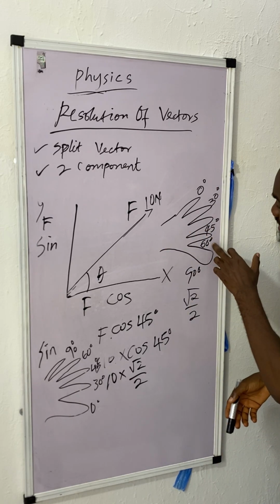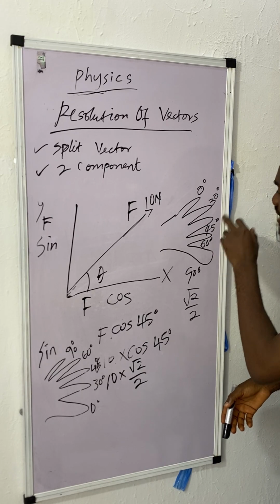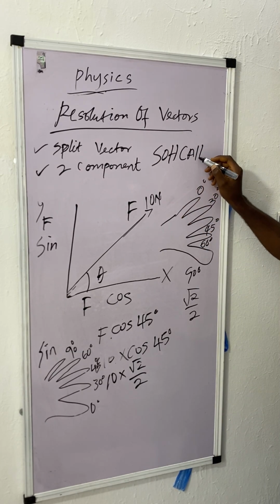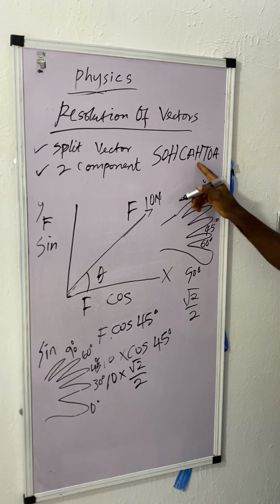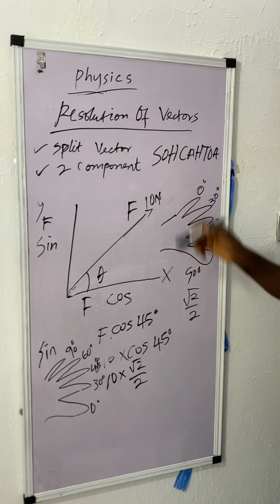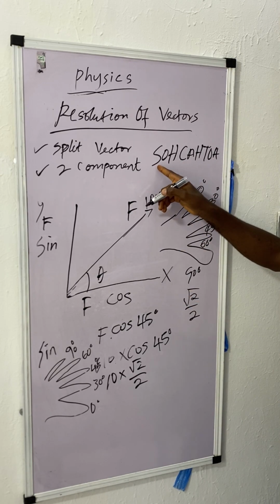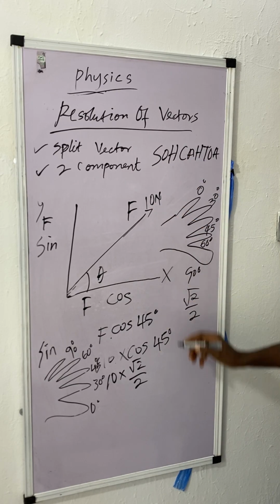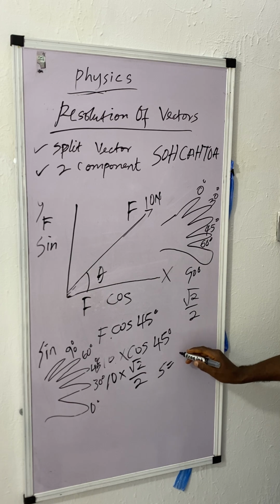There's another way of determining this sine 60 or cos 45, cos 30 using SOHCAHTOA. All these are basic mathematics. You can also use this one: sine equals opposite over hypotenuse.